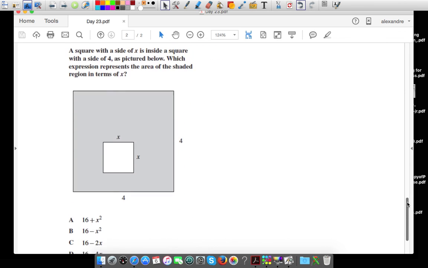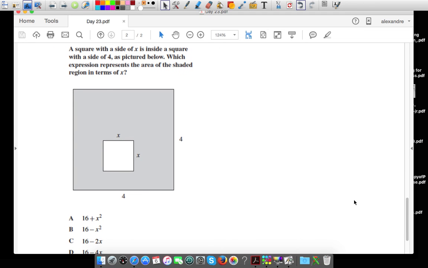Yikes. A square with a side of x is shown inside a square with a side of 4. Let's picture which represents the area of the shaded region in terms of x. Imagine if you had a bagel and you punctured a hole in the middle. You have to figure out the area of the whole thing and subtract the middle.